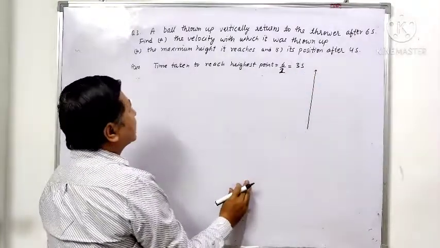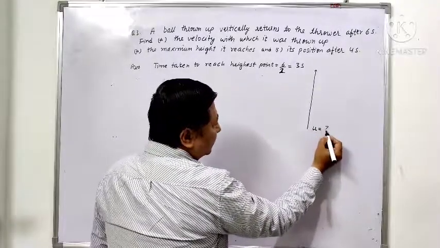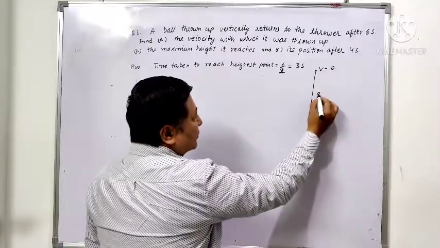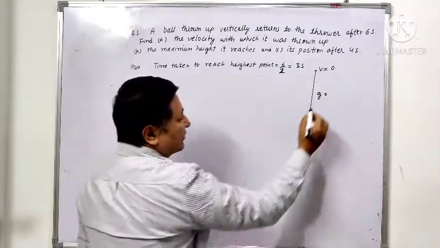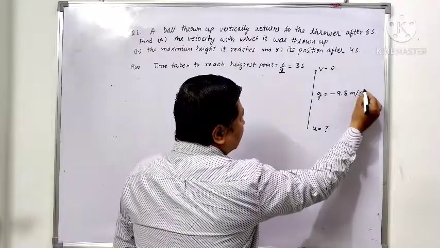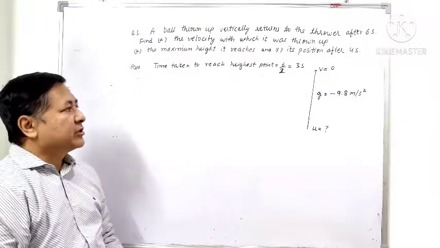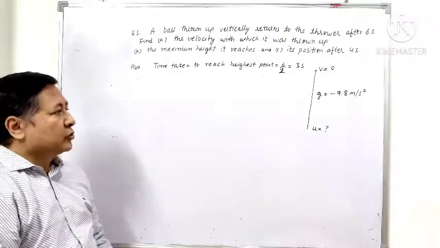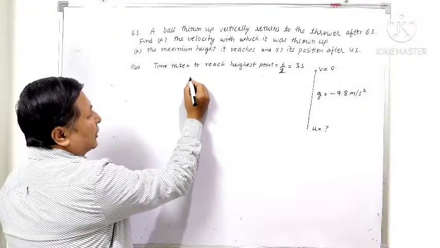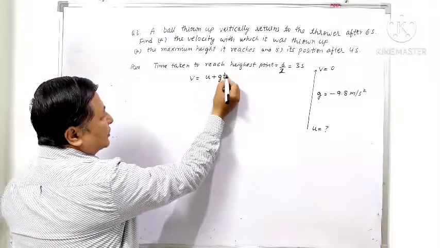So the initial velocity, that is u, we have to calculate. Final velocity will be 0, and the acceleration due to gravity, since it is going up, will be minus 9.8 meter per second square. We can use the first equation of motion, v is equal to u plus gt.